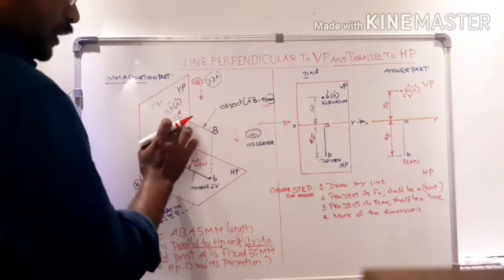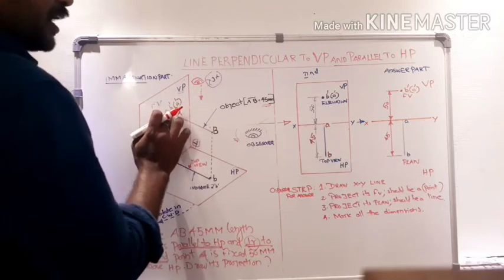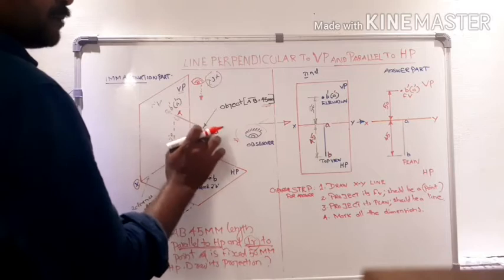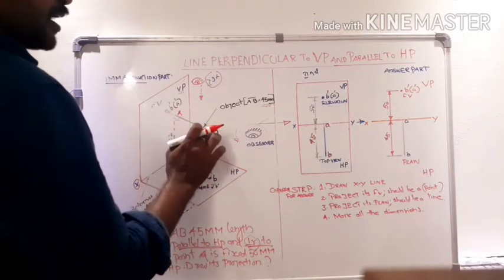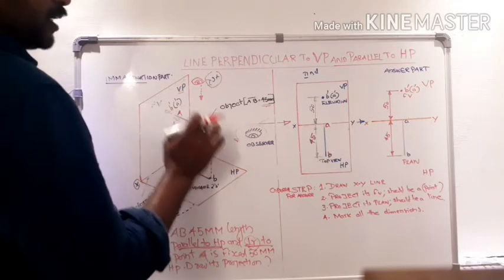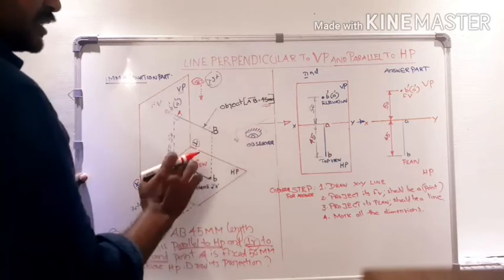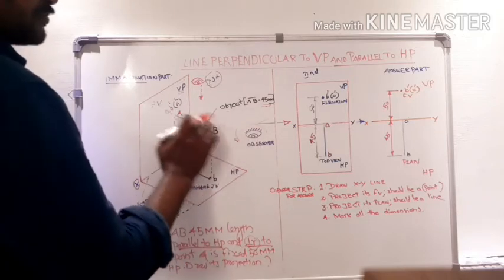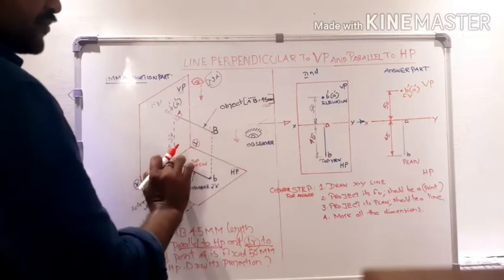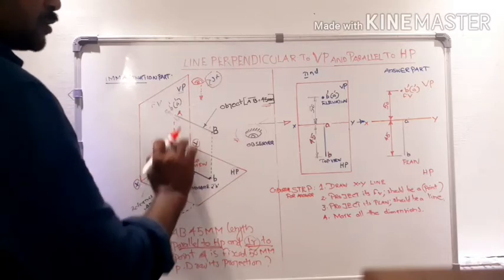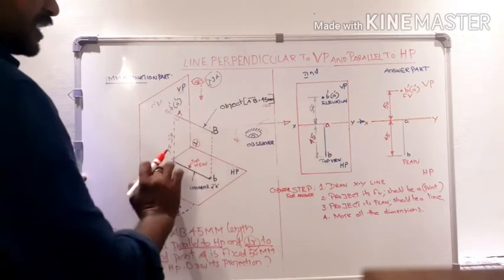We know that a line has a minimum of 2 points. Out of these 2 points, 1 point A is fixed nearer to VP and 1 point B is fixed 45 mm away from point A. From this direction he can definitely see that these 2 points are fixed at 50 mm above HP, that means 50 mm above the reference line.